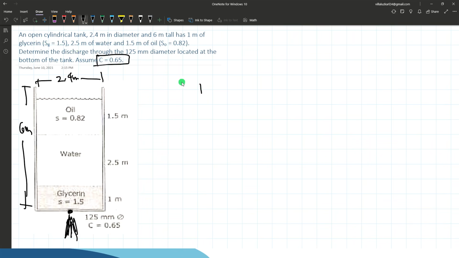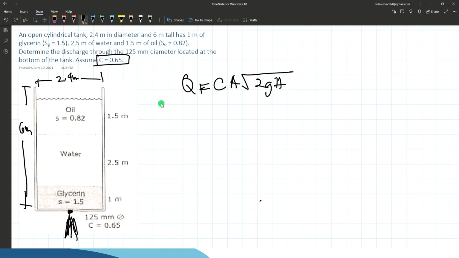So again, discharge, if we have a given coefficient, it means that the required discharge there is the actual discharge. So we have to multiply C to the area and the velocity. Velocity is square root of 2gh. Okay.